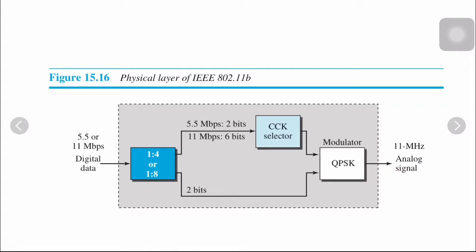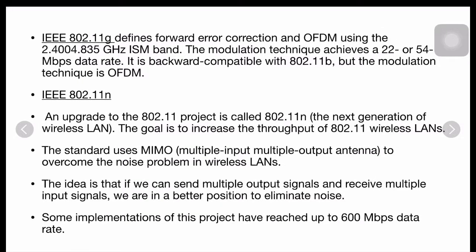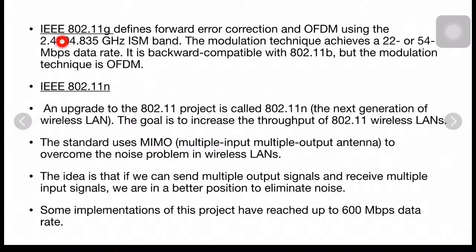Next comes another version, 11G, defines forward error correction and OFDM using the frequency range, that is 2.4 to 4.835 gigahertz ISM band.